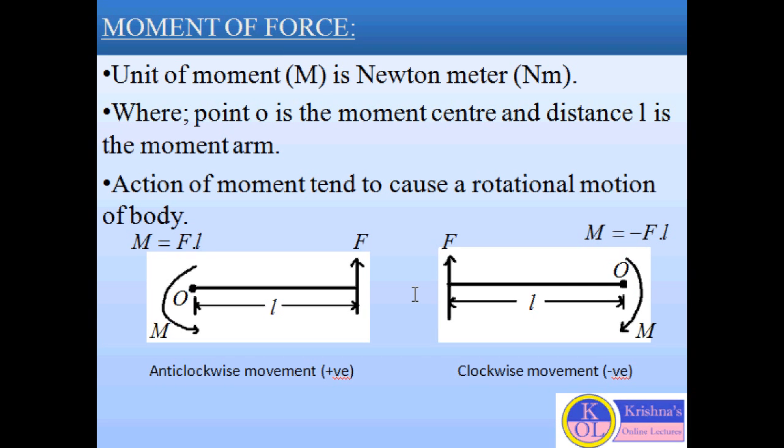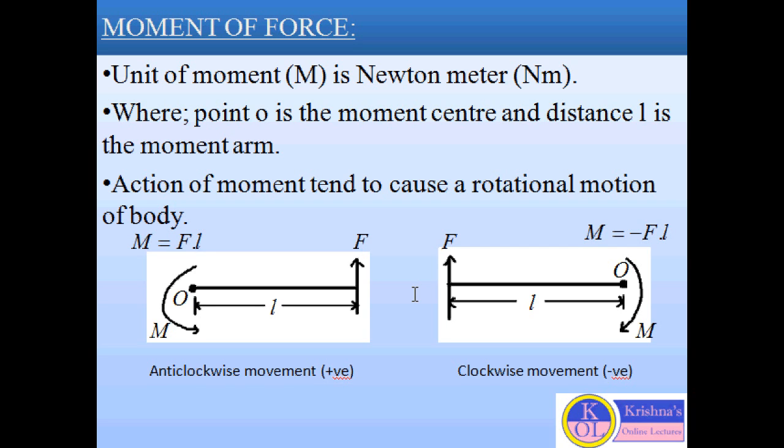When we apply any force on a body, it generally causes a change of state of the body, whether the body is at rest or in uniform rectilinear motion. So this action of moment generally causes a rotational motion of the body.